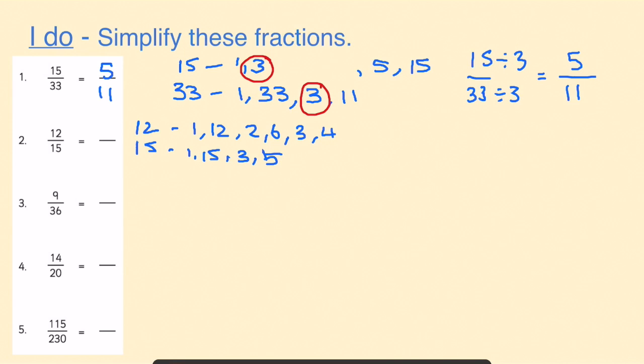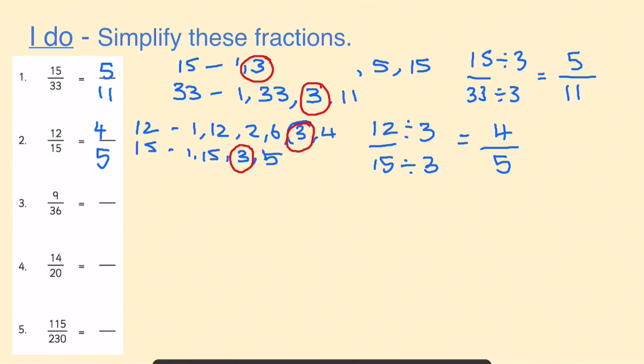The highest common factor that they share is actually 3 again, so I'm going to divide 12 by 3, and then I'm going to divide 15 by 3 as well. That's 4 over 5, 4/5.